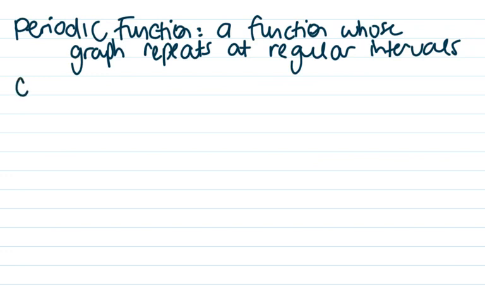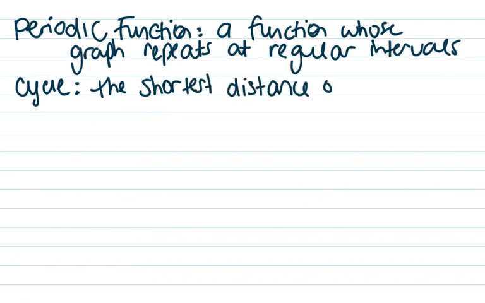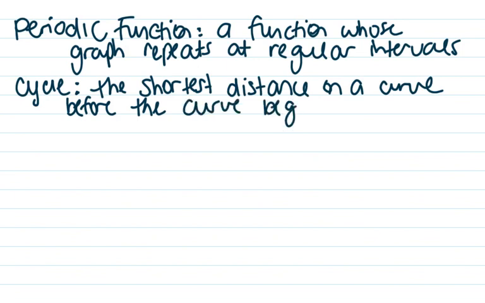A cycle is the shortest distance on a curve before the curve begins to repeat itself. A period is the length of one cycle.